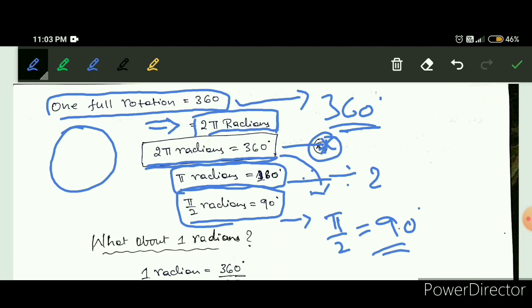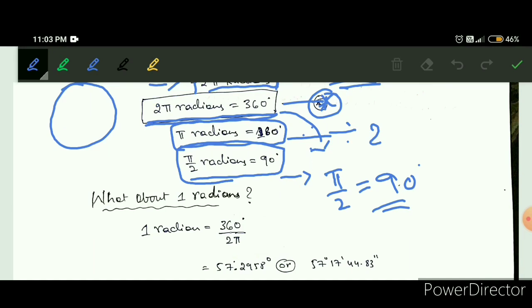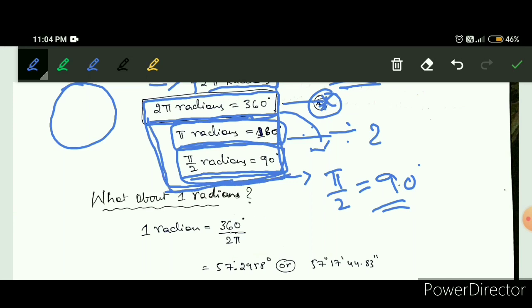So this says 2 pi radian is equal to 360 degree, pi radian is equal to 180 degree, and pi by 2 radian is equal to 90 degree. This says the relation between radian and degree. This is important. These three are important to convert radian to degree and degree to radian.